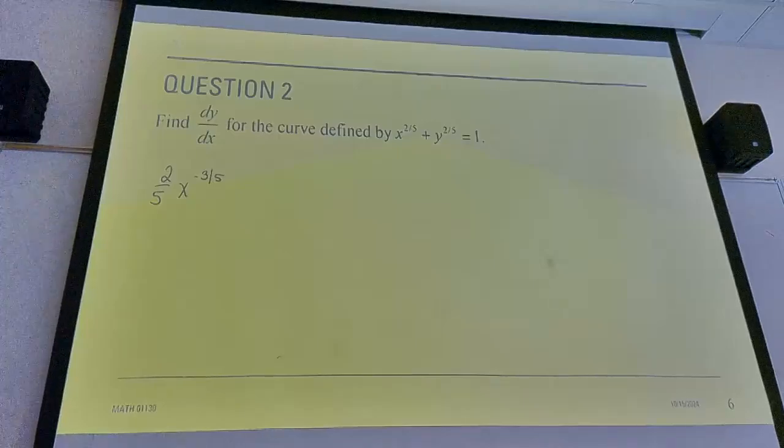Same with y, except it's multiplied by dy/dx. What about the right-hand side? Which was 0.